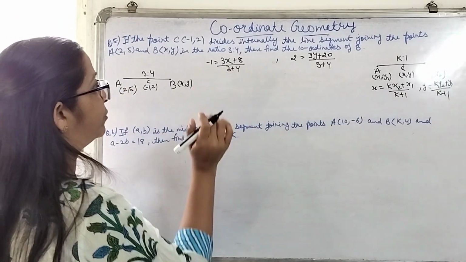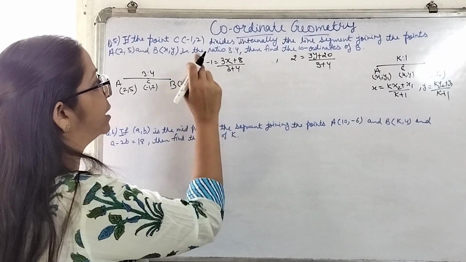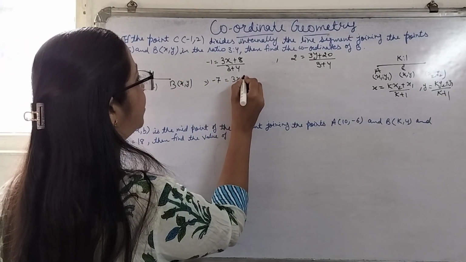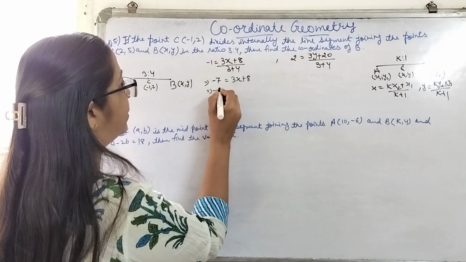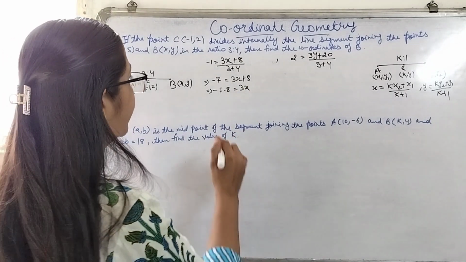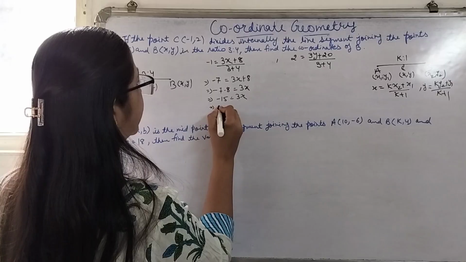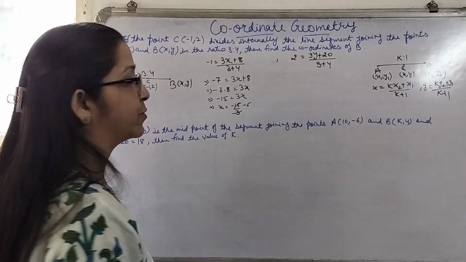Now if we will solve it further, 3 plus 4 will become 7, 7 multiplied by -1 will be -7, it is equivalent to 3x plus 8. If I'll take this 8 over here, this will become -7 minus 8, it is equivalent to 3x, and -15 is 3x, or we can say value of x is -15 by 3, that is -5.